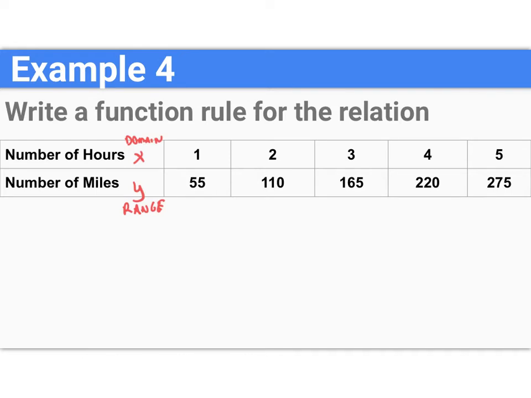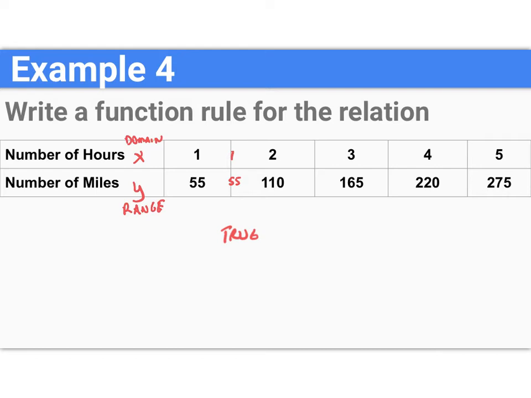So 1 goes with 55, 2 goes with 110, 3 goes with 165. It looks like for every 1, we're going up by 55. Because there are no numbers that are the same in the range, this is a function. True. This is a function.